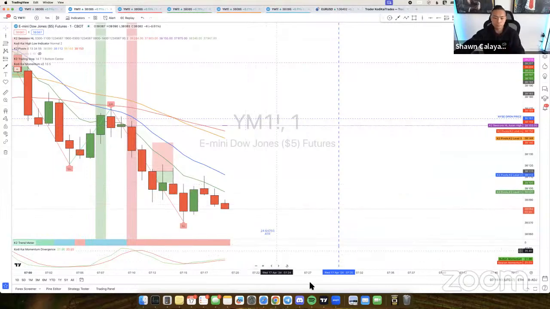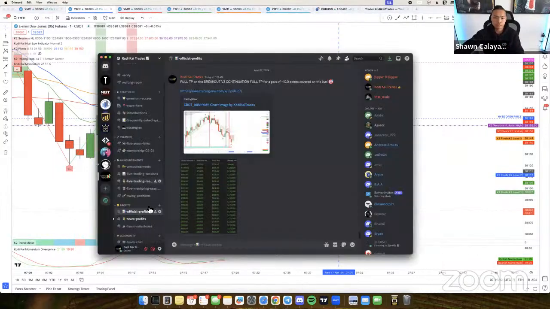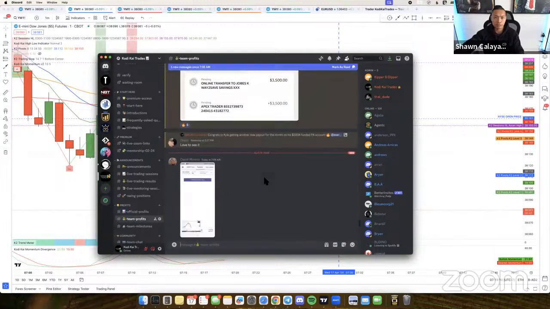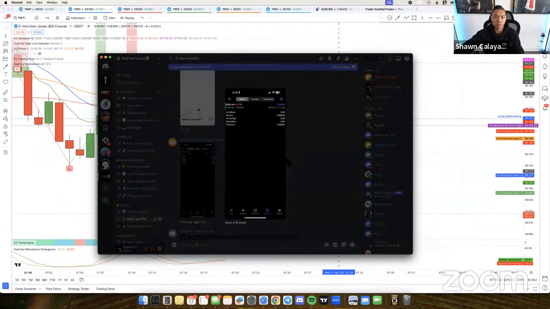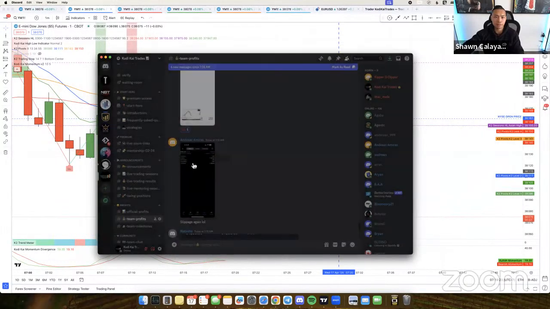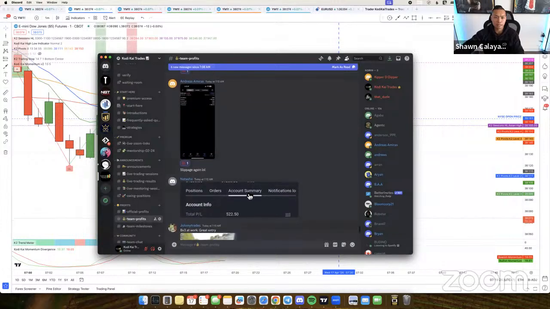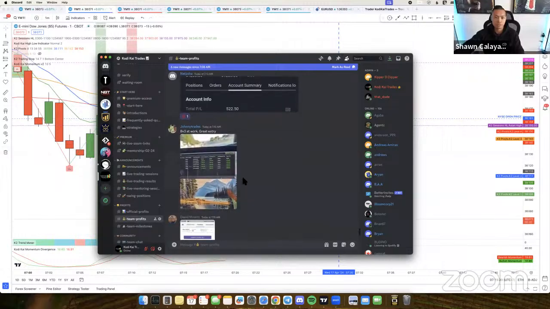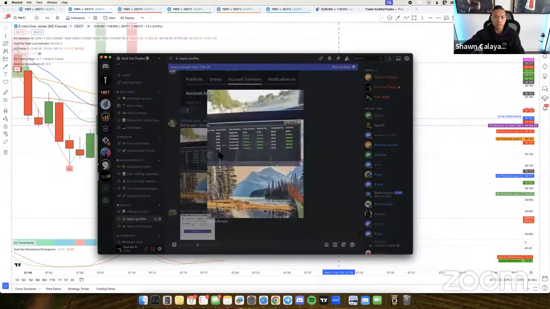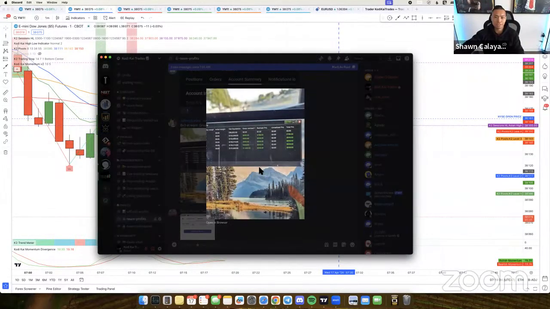There's nothing else coming up yet. So let's take a look at the team profits real quick. We got David over here with a total profit of 90 for the day. Nice work, David. We got Andreas, total profit of 1,500 for the day. Nice work, Andreas. We have Natasha, total profit of 522 for the day. Nice work, Natasha. We have Johnny over here, at work, trading in his car or his truck.